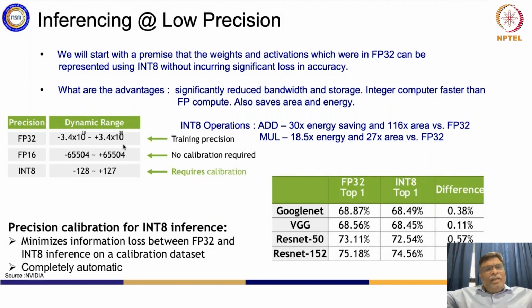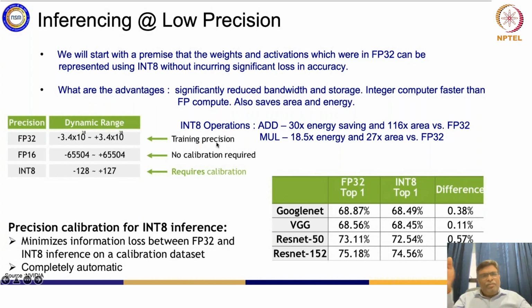This is the dynamic range in which your model would have got some values, for the weights and for the activations. So that is the whole dynamic range which you are working with, and let us assume this to be the training precision.